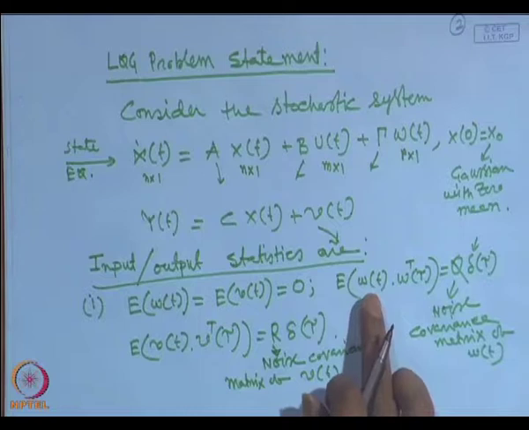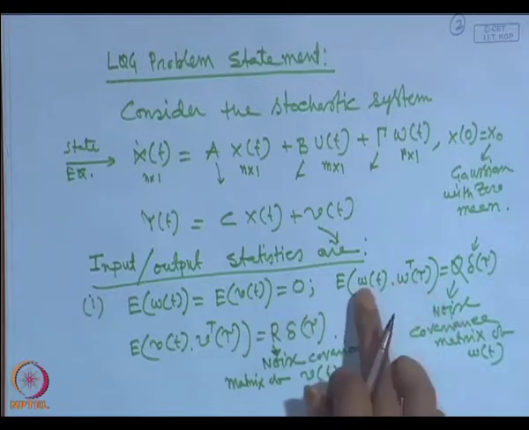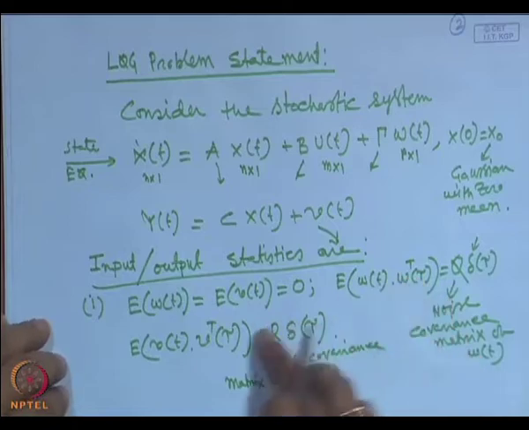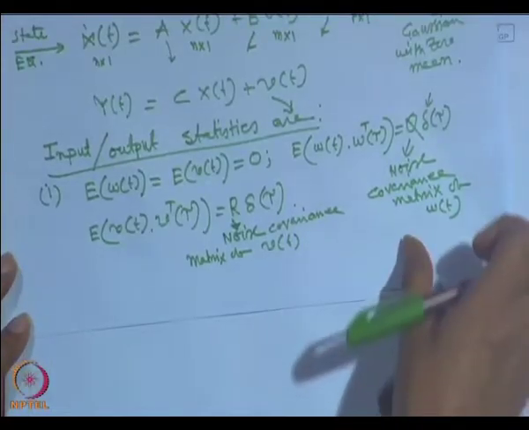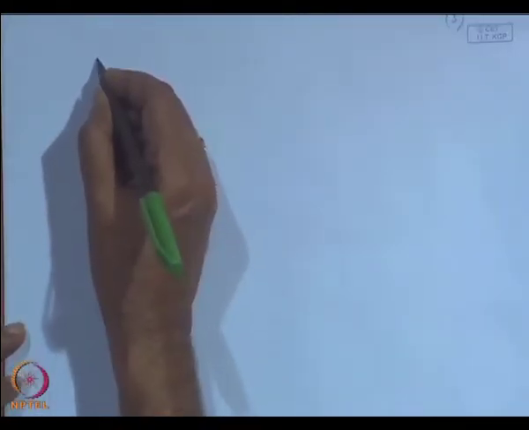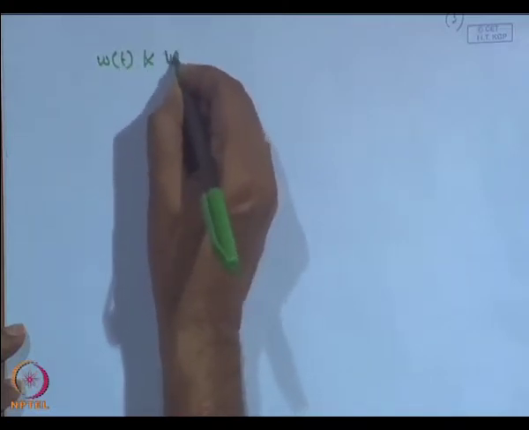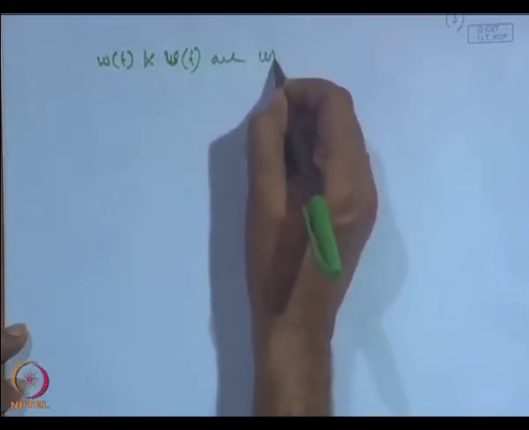This indicates that W and V are white noise with 0 mean, and V and W are also uncorrelated.